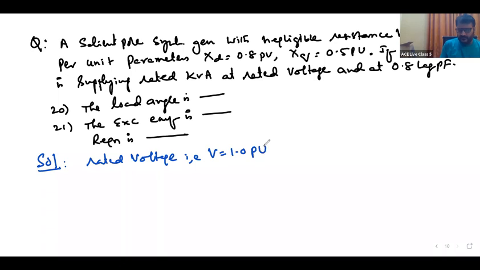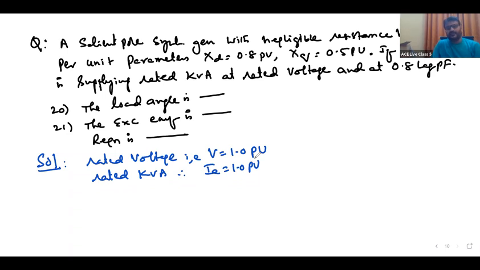Since rated kVA is given, IA is also 1 per unit. Why? Because kVA is voltage into current, and the voltage is rated, so the current is also rated.